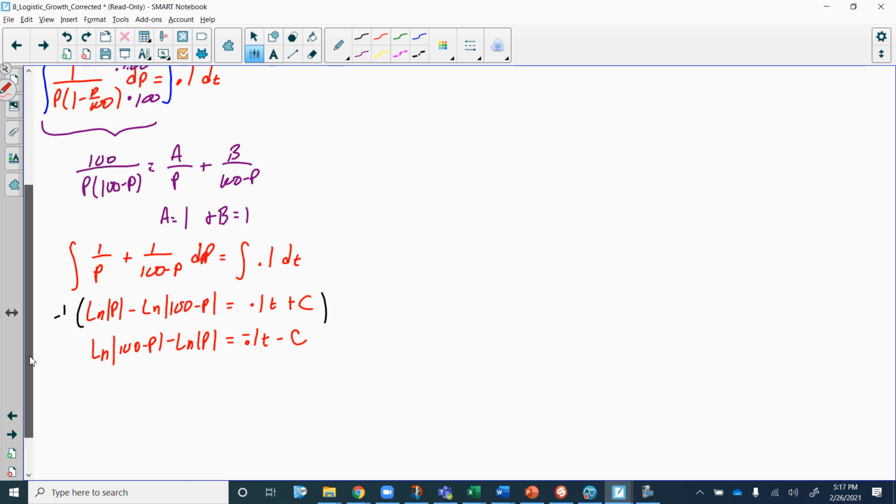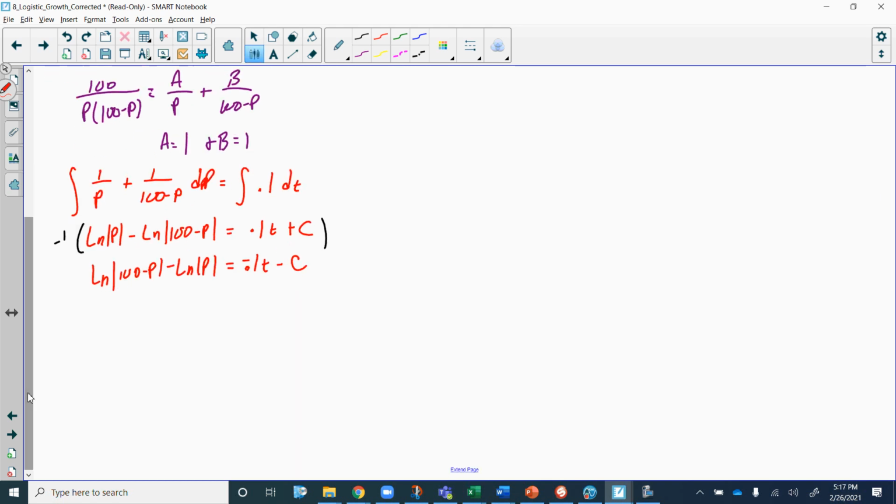And now we can see that we can condense the two logarithms into one, and that'll give me natural log of 100 minus p over p to be equal to negative 0.1 times t minus c.